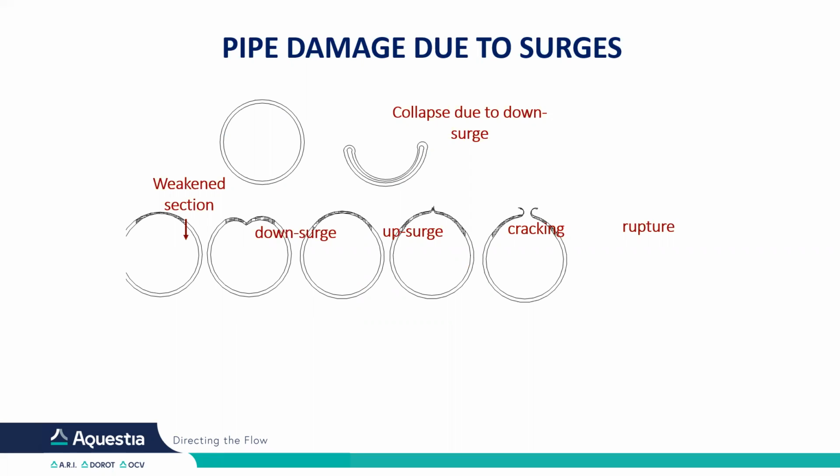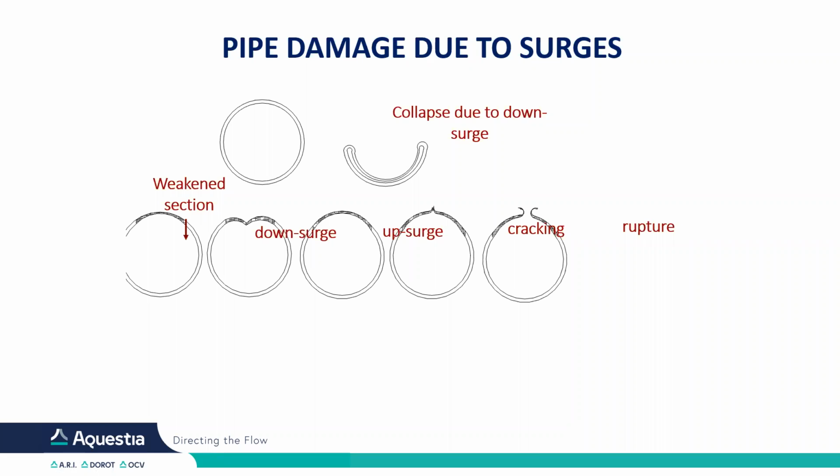In the pipeline, okay, you can see a round pipeline. There is always a weakened section in the pipeline. Okay, this is a weakened section. And when you have those changes, the pressure transients, it's not only one big occasion of a pipe burst that can cause this cracking and rupture of the pipeline.